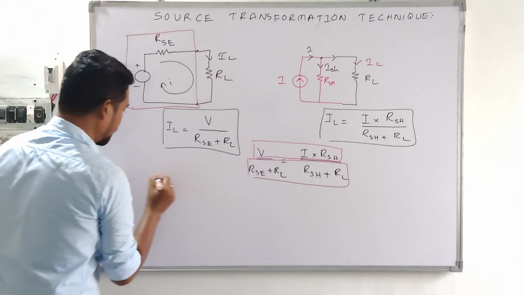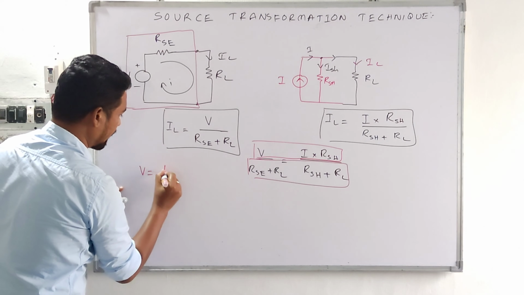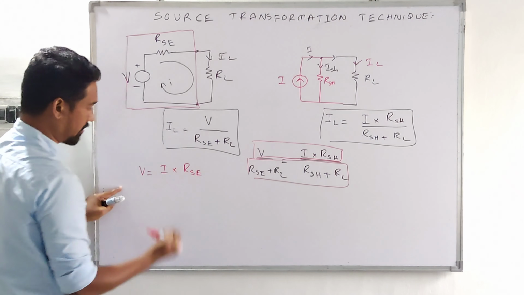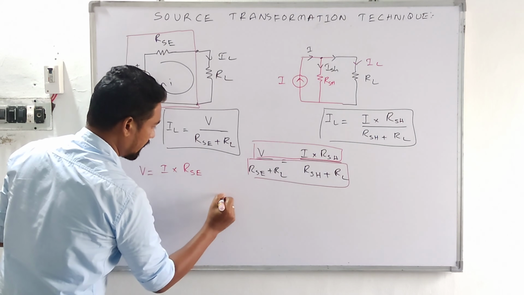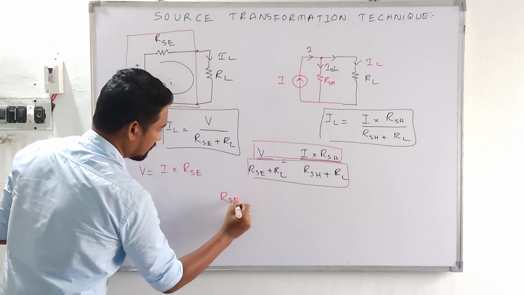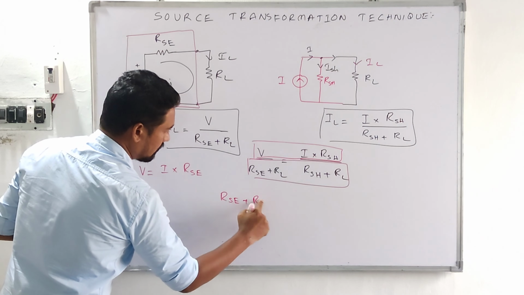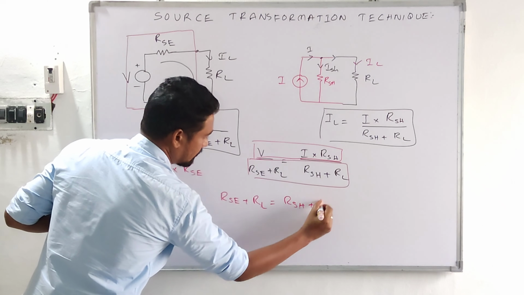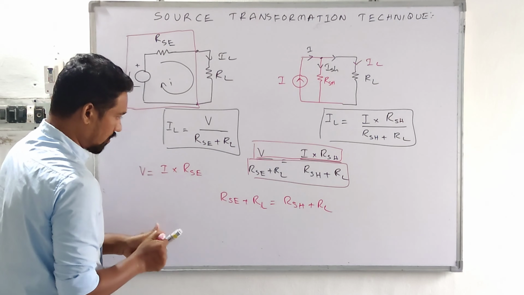So from the numerators, V equals I into RSH. And from the denominators, RSE plus RL is equal to RSH plus RL. So what do we have from this?